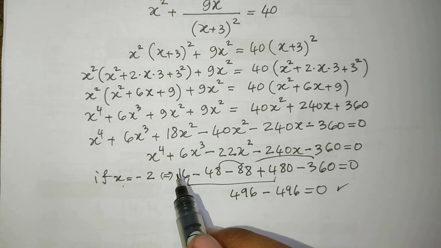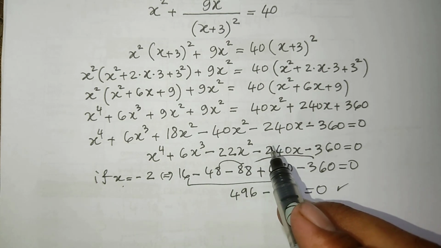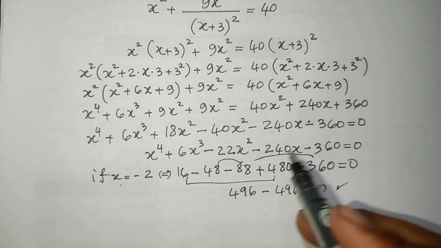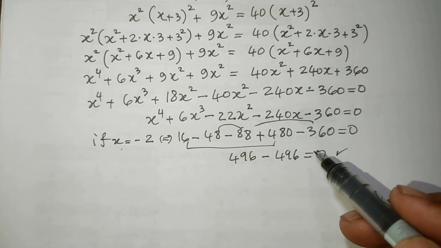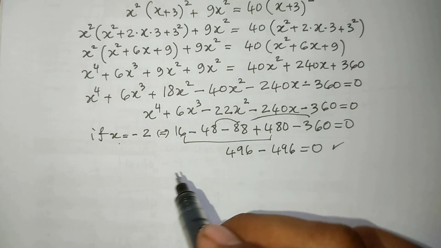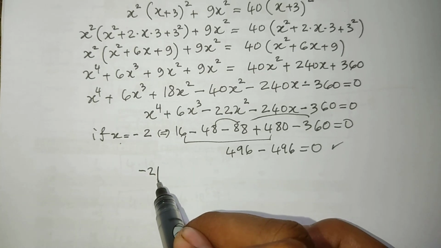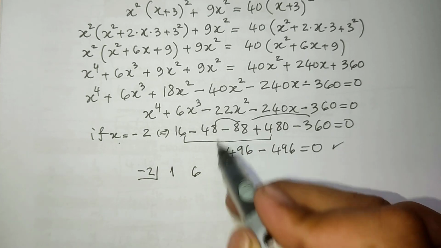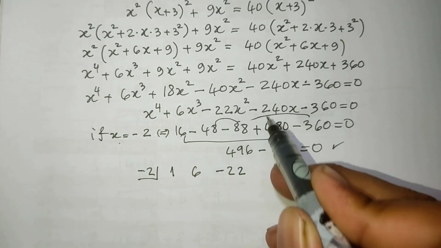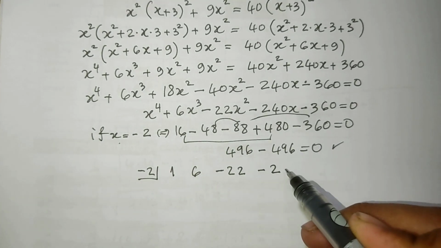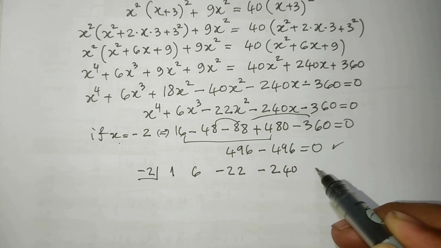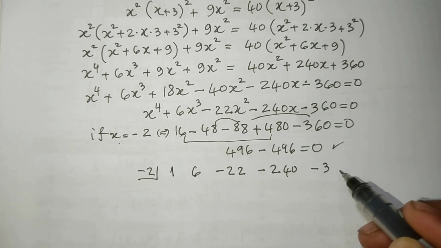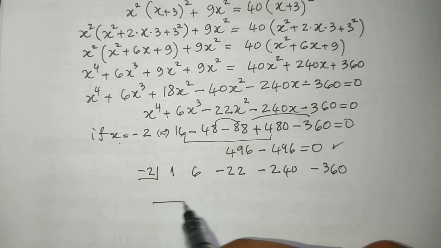And now I divide by synthetic division using this factor. I write minus 2, and the coefficients are 1, 6, minus 22, minus 240, and minus 360.